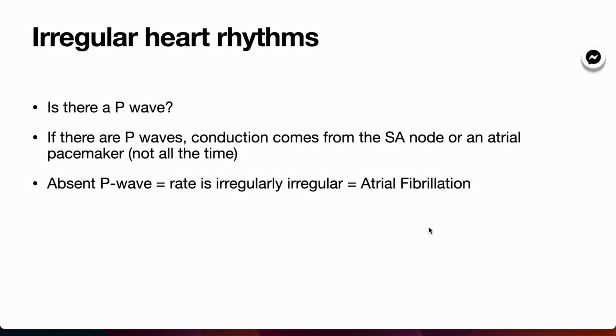Every time we talk about irregular heart rhythms, we should ask ourselves the question: is there a P wave? If there are P waves, usually the conduction comes from the SA node or an atrial pacemaker, but not all of the time, because as we mentioned earlier, in supraventricular tachycardias we don't really see the P waves. Now, if there's an absent P wave and the rate is really irregular, we call that atrial fibrillation.